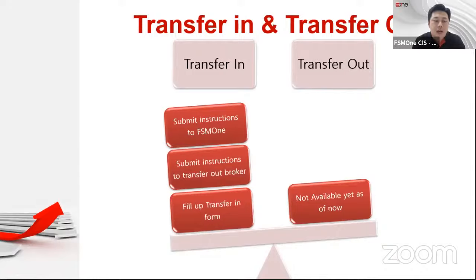Then you will need to fill out a transfer form and a consent letter and send them to our company. After that, we will liaise with your existing broker for the transfer. The whole transfer process is estimated to take around 4 to 6 weeks to complete.